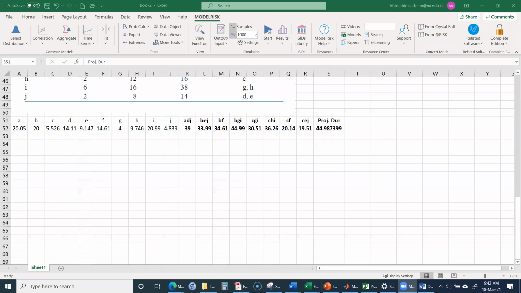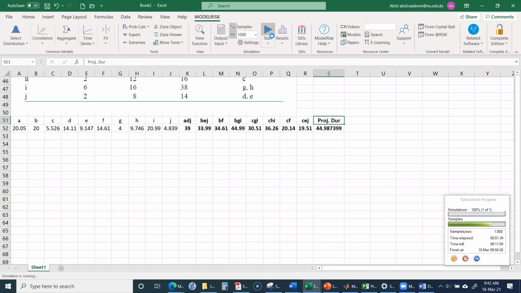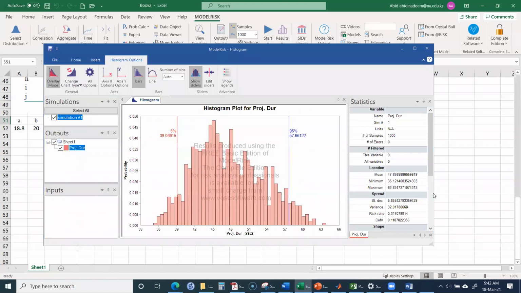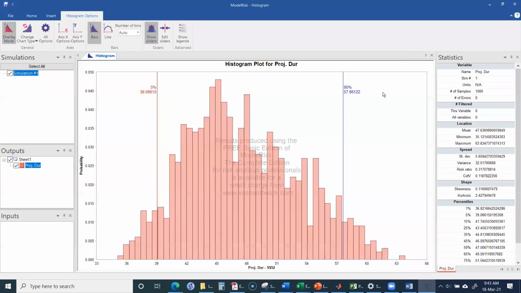Okay, so now I am running it. I have clicked the start button. So 1,000 simulations have been run, and here we have got this distribution. So we can now look at this data.